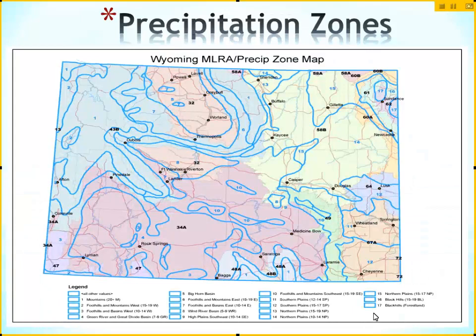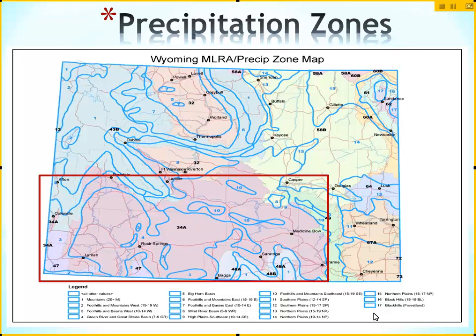So now I want to kind of focus in on my kingdom, is what I call it. So I'm down here in good old Rock Springs, and I am in charge of this kind of reddish blob, which is MLRA 34A. So, yeah, that's my kingdom right there.